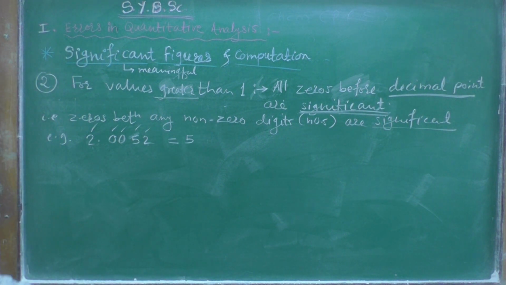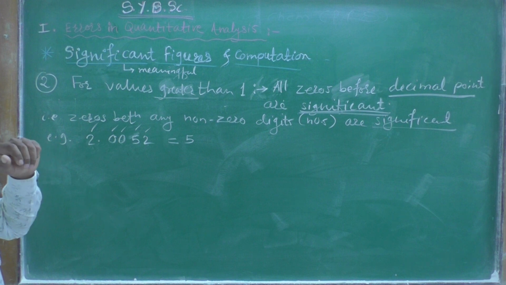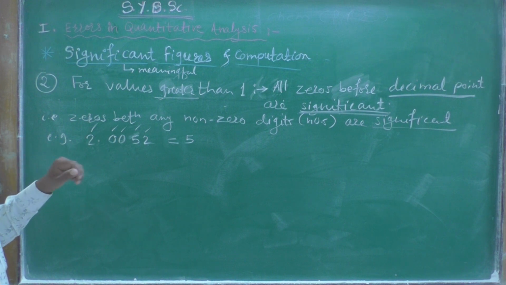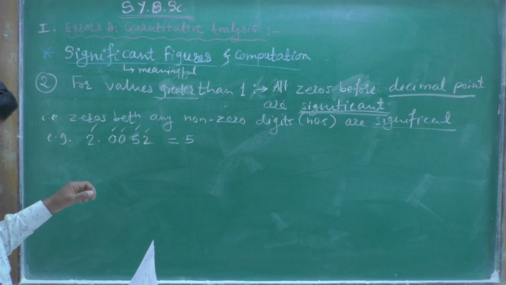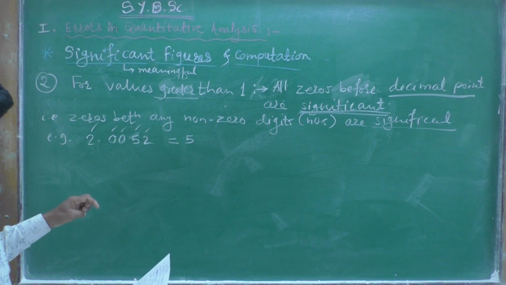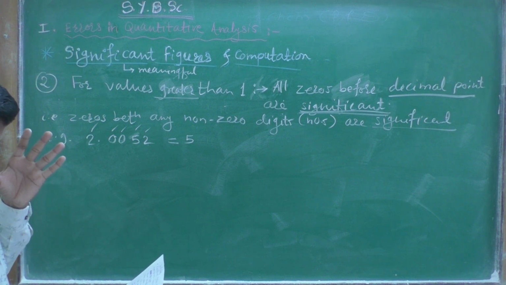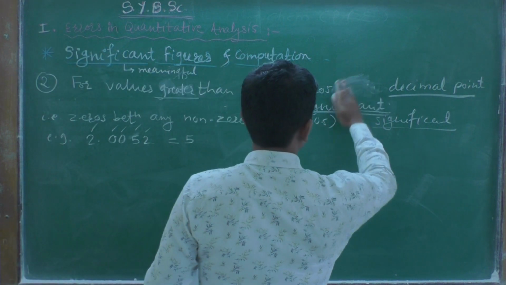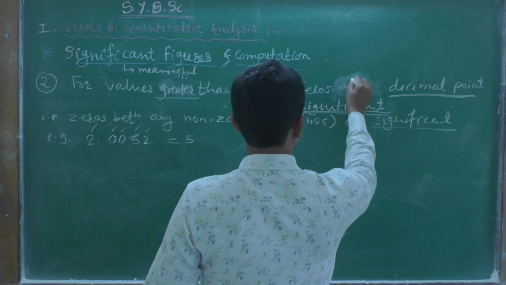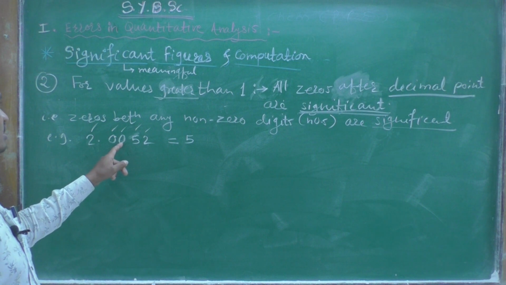Okay, what is the rule? For values greater than 1, all zeros after the decimal point are significant.